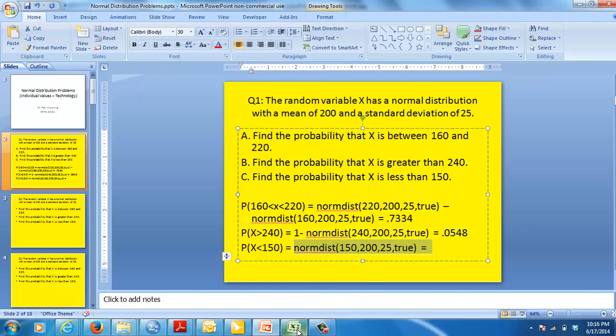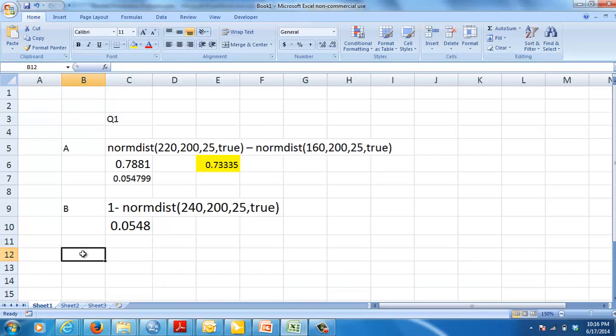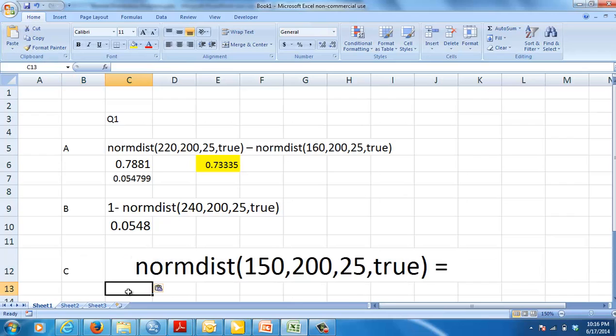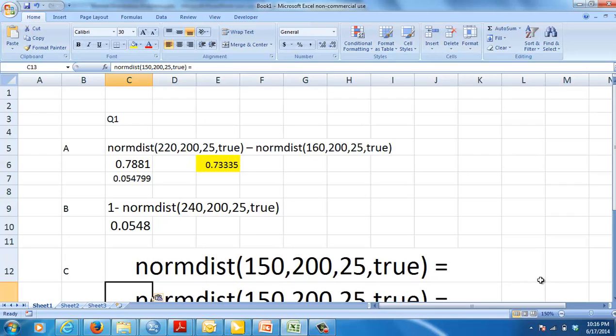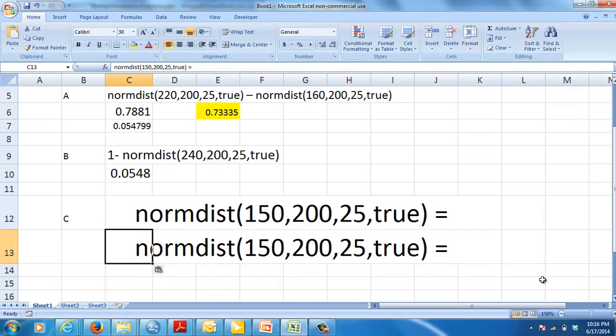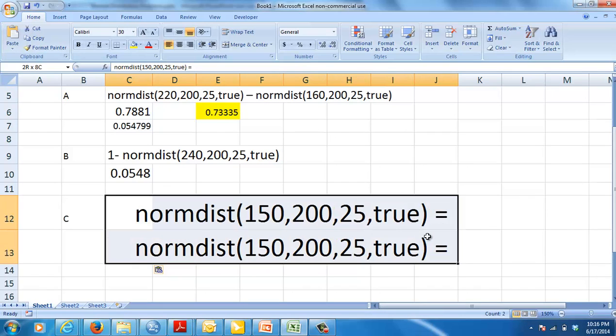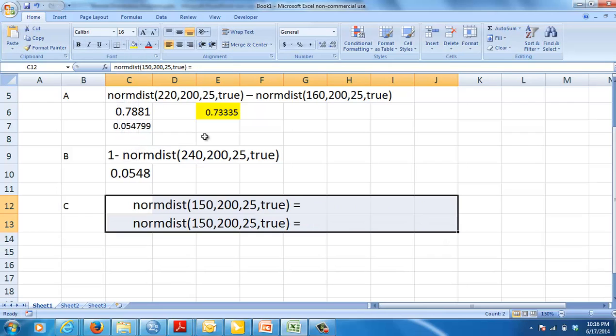copy, back to Excel, paste it here, drop these two to 16. And take away the equal sign from both of them. And from this one.